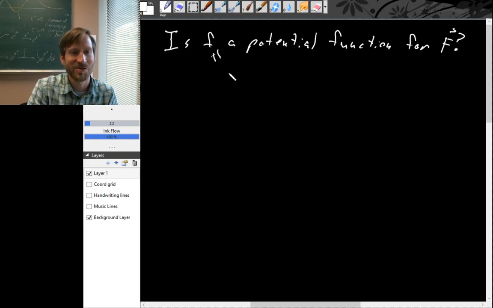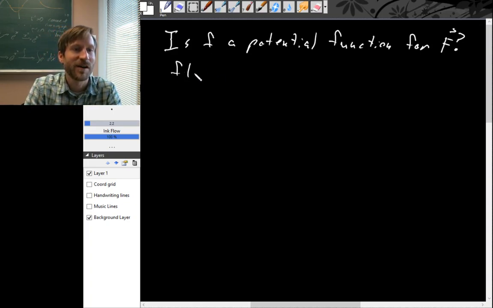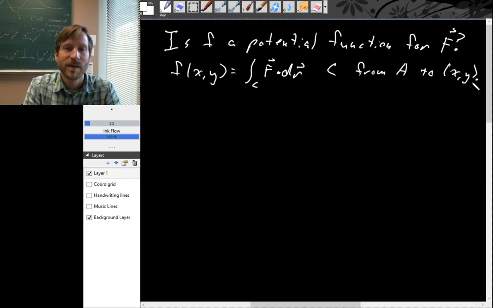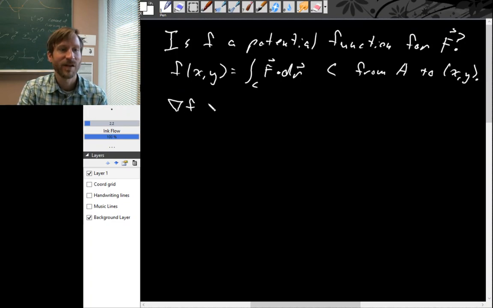And just to remind you, the definition of little f is little f of x comma y is the integral of capital F dot dr, where our curve goes from our fixed point A to the point x comma y. So we need to somehow convince ourselves that if we take the gradient of little f, is that equal to capital F?